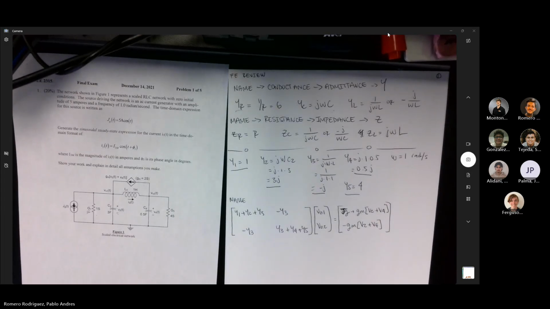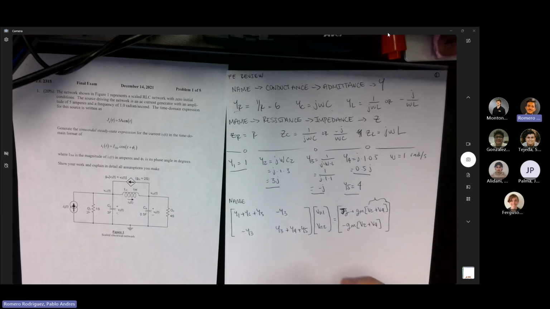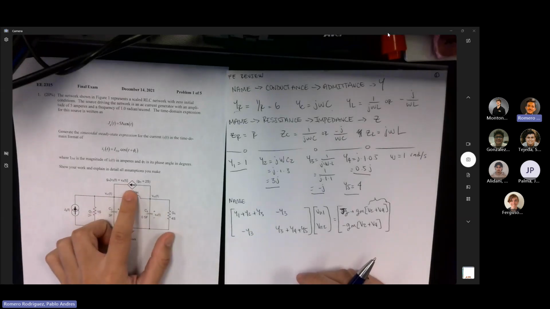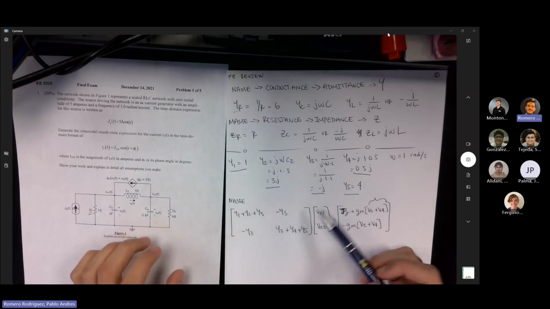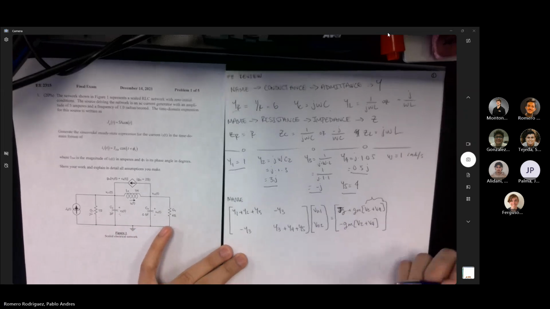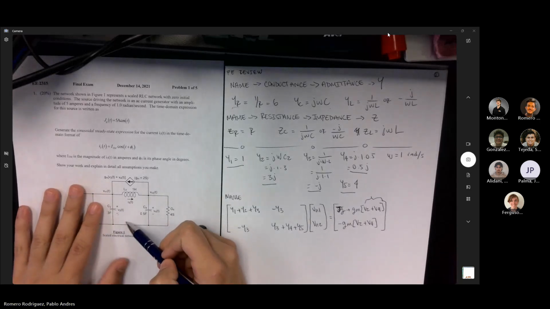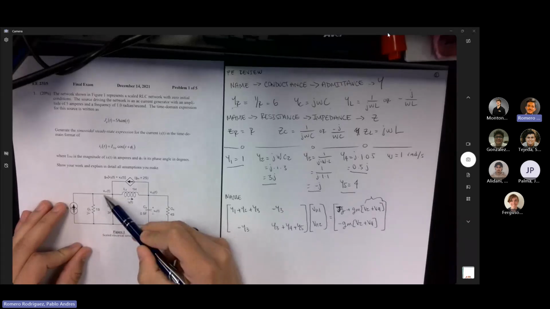Okay. So now we have to figure out whatever these two guys are in terms of our node voltages. Remember, when you have a dependent source, you're trying to convert it into something that you can work with in your matrix. So we need these two guys in terms of these two guys. Let's look at V2. V2 is VN1 to ground, so V2 is just going to be VN1.